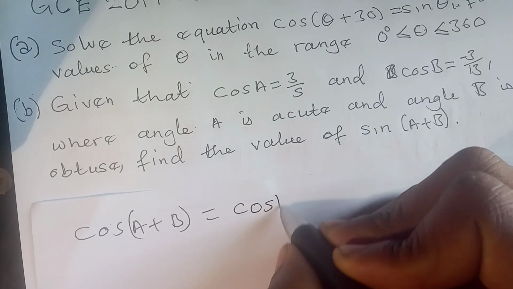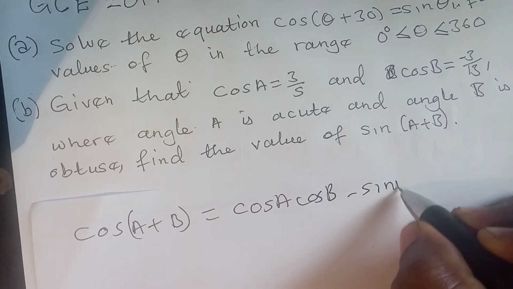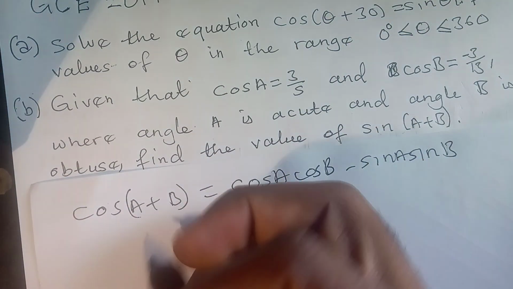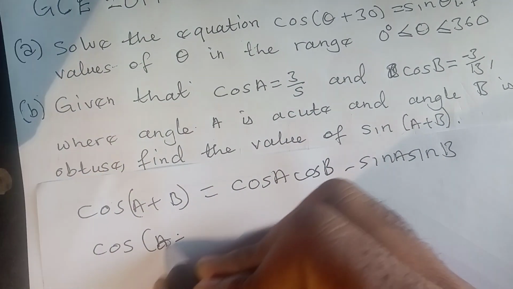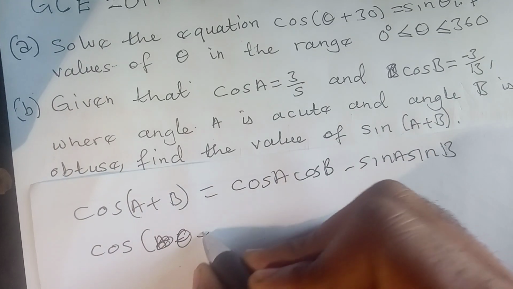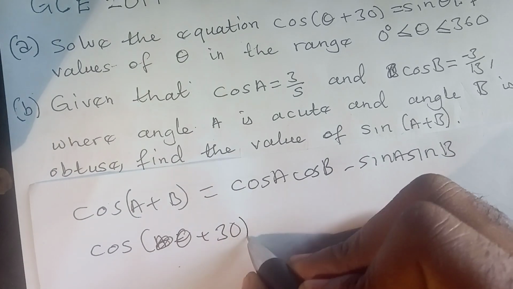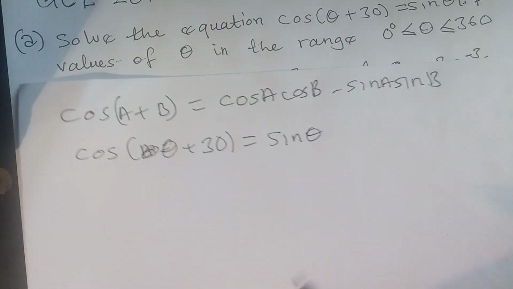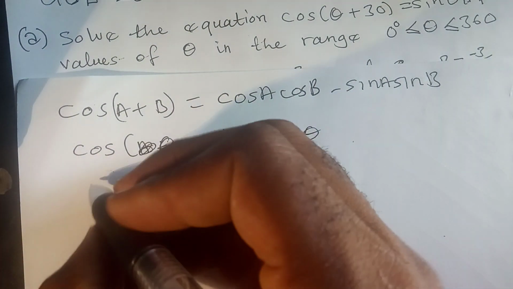This is equal to cos A cos B minus sin A sin B. So I can just expand the left hand side. On our left hand side we have cos(theta plus 30) equal to sin theta. So I can expand it using this identity.